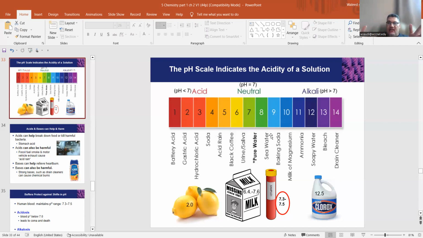What is not okay is to drink acid, whatever the acid is. Like you get a whole bottle of lemon juice. No, that's bad. Or you get battery acid, of course not. Or bleach, Clorox, oven cleaner, drain cleaner, all of these are alkaline, of course not.